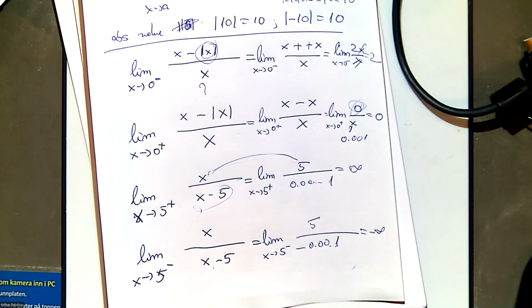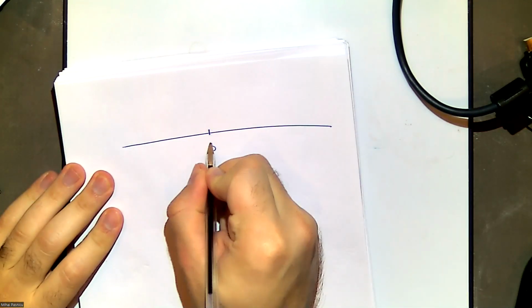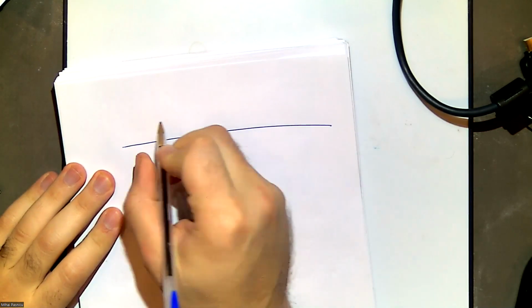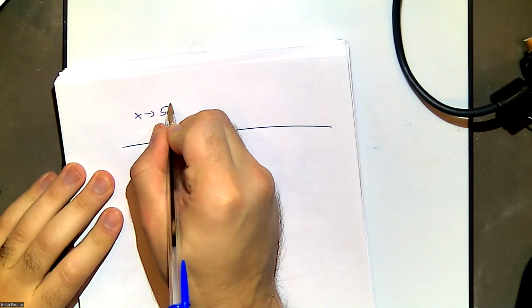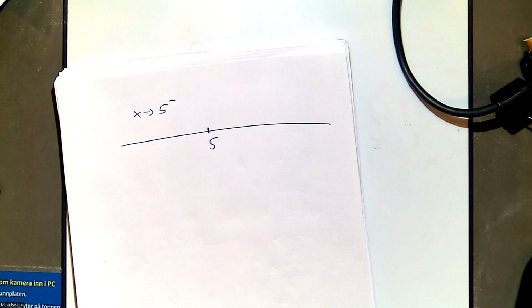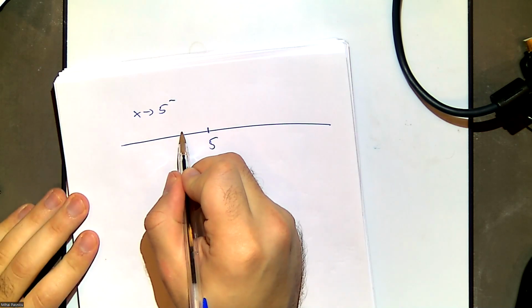Okay, guys. So, let's do some clarifications here. I got some questions in the break, and I just wanted to make sure we're all on the same page. If this is 5, and I'm saying x is going to 5 with a minus, I'm basically saying that all x's are here, and they're just getting closer to 5 on this side.